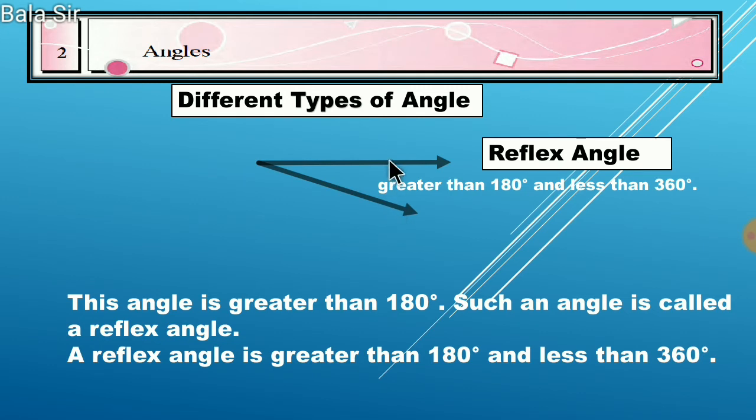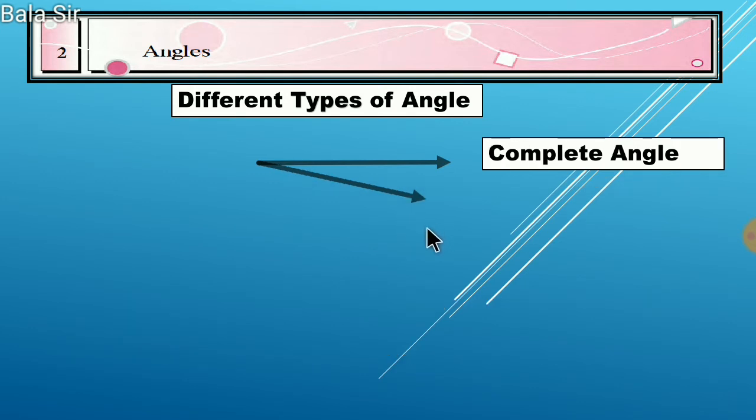As you have seen from the start, this arrow starts from 0 angle, it rotates, moves, and comes here. So let's learn about the complete angle. See this, it completes one round. With this arrow from 0 degrees to 90, 90 to 180, 180 to 360.